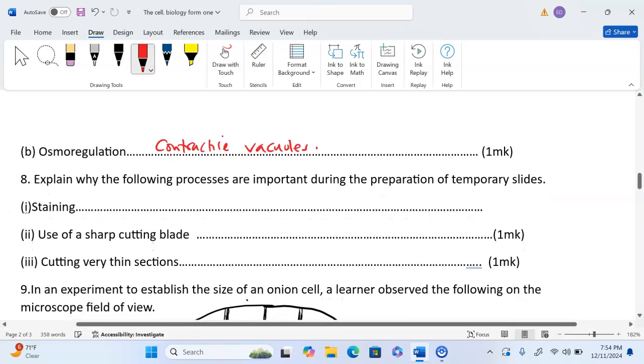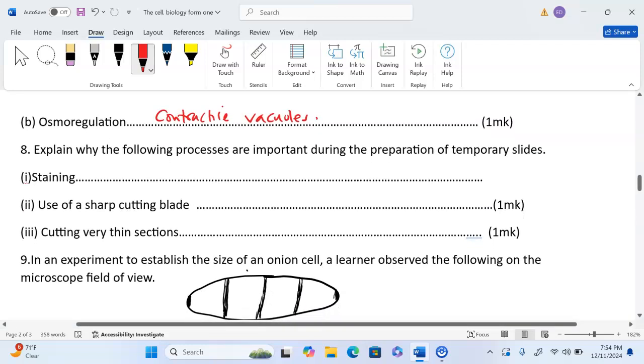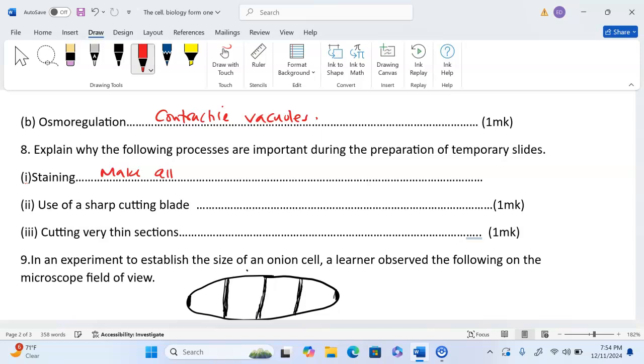Question number 8, explain why the following processes are important during preparation of temporary slides. Number 1, we have staining. Staining is done to make cells more visible. Use a sharp cutting blade. This is to prevent distortion or destruction of cells.